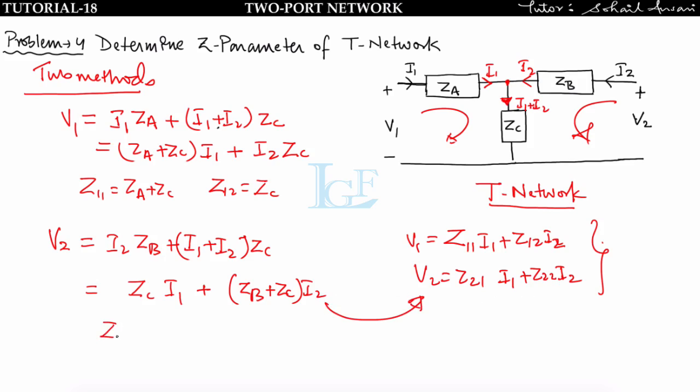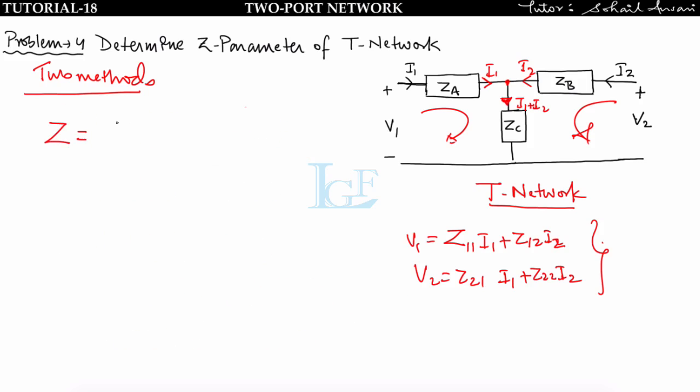So you will get Z21 is equal to ZC and Z22 is equal to ZB plus ZC. So in matrix form we can represent this Z parameter as Z11 is ZA plus ZC, Z12 is ZC, Z21 is ZC and Z22 is ZB plus ZC.